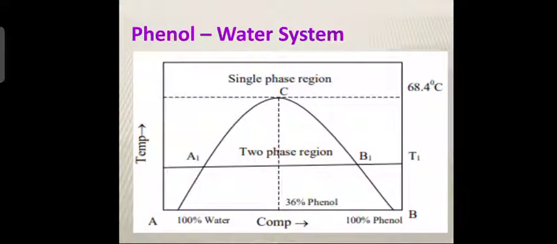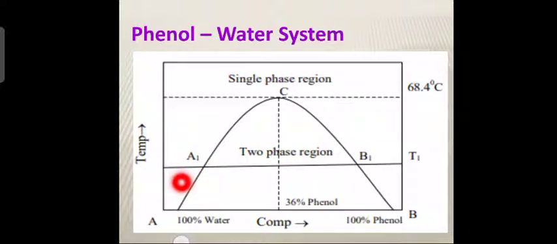Next slide. This is the graph showing miscibility temperature versus composition. Along the x-axis you can see the composition, along the y-axis the miscibility temperature. On the left side you have 100% water, on the right side 100% phenol. A parabola type of graph is obtained for the phenol and water system. Now how do you explain this graph?